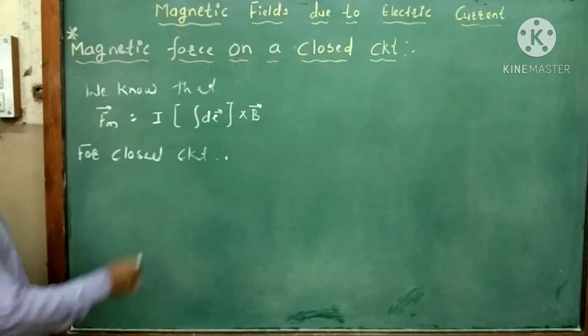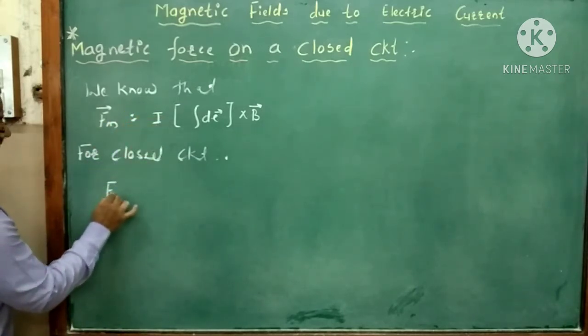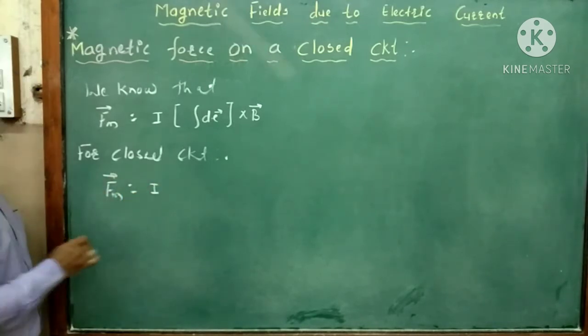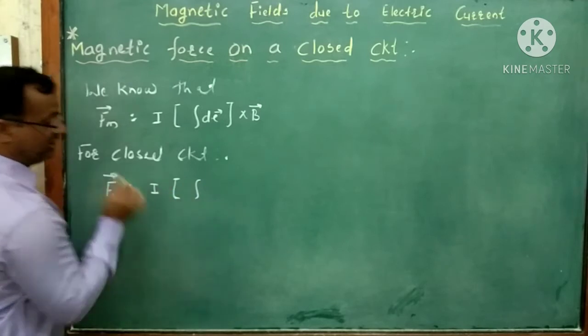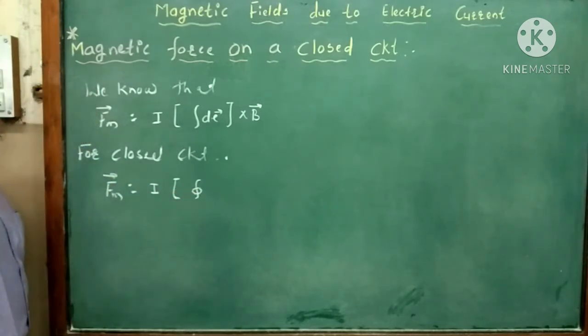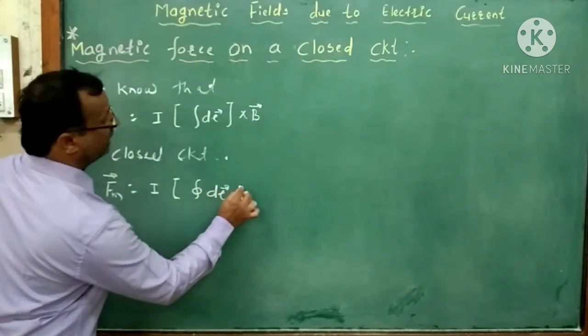Here we write the same equation. That's like here Fm is equal to I, as it is, then integration over the closed loop or closed surface. Right? So what we get there? Vector dl.